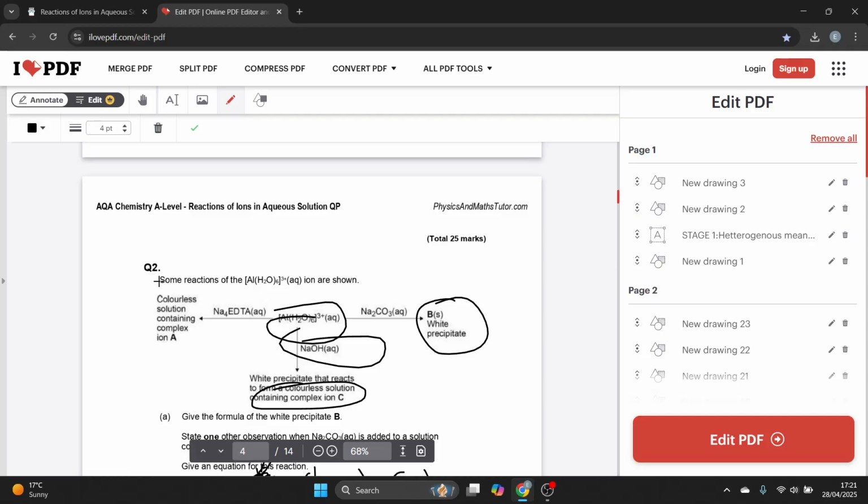Okay. This one is definitely a bit tricky. Is Na4EDTA a ligand? Is it a big ligand? Okay, yeah, perfect.